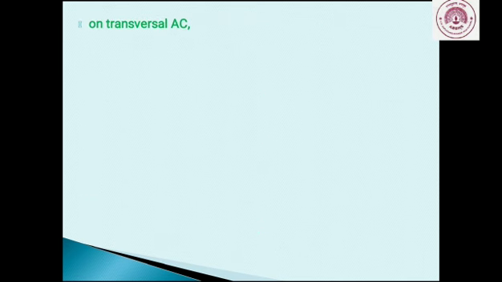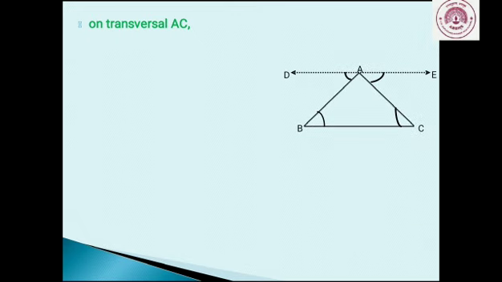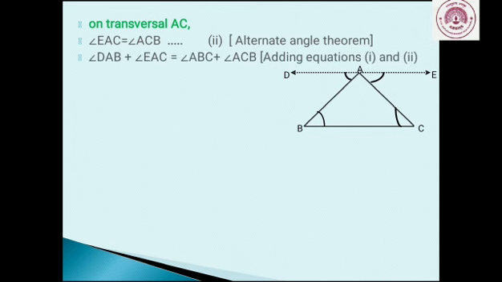Also on transversal AC, angle EAC is equal to angle ACB. Reason: alternate angles theorem. Let this be equation number 2. Now adding equations 1 and 2.